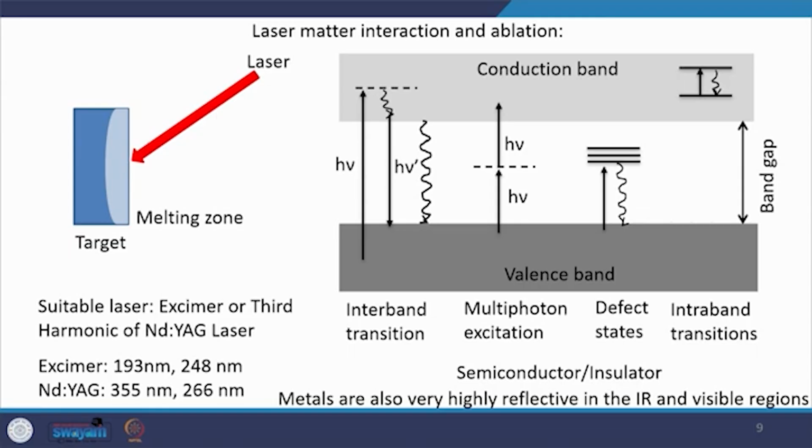Generally, wide band gap semiconductors like zinc oxide and gallium nitride have a band gap energy of 3.4 electron volt, and the laser energy in electron volt should be larger than this band gap energy, so that the electrons have sufficient energy to jump from the valence band to the conduction band.